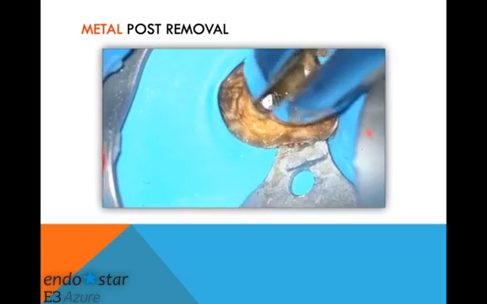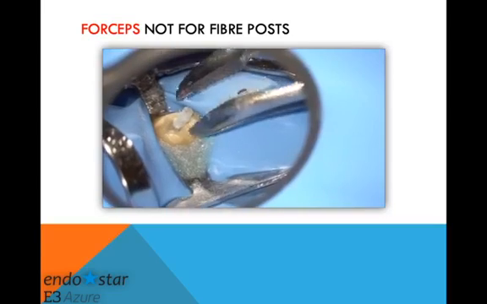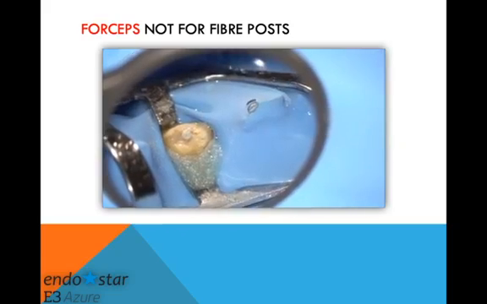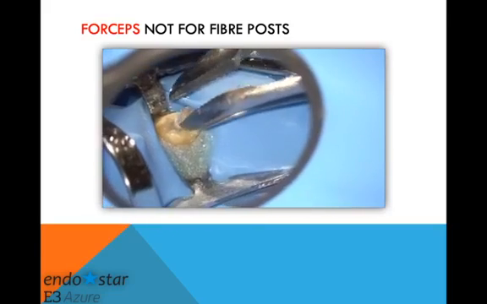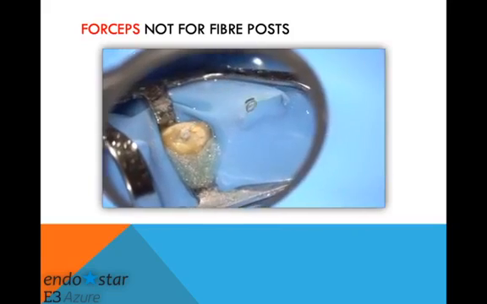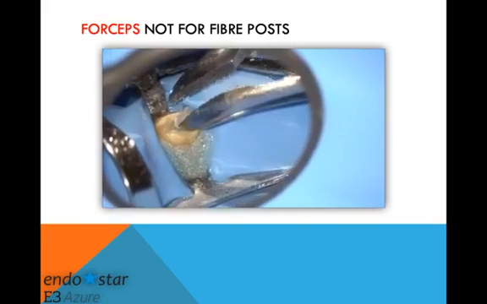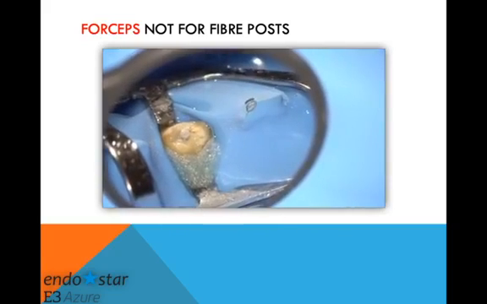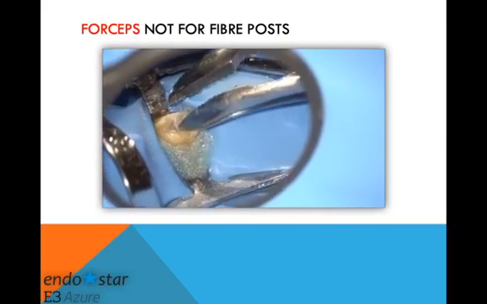However, the same cannot be done with a fiber post, because if I grab the fiber post with an artery forceps or some kind of forceps, the fiber post breaks. The glass fiber breaks and eventually some part of it is left inside the canal. Therefore, when it comes to fiber post removal, ultrasonics is the only answer.